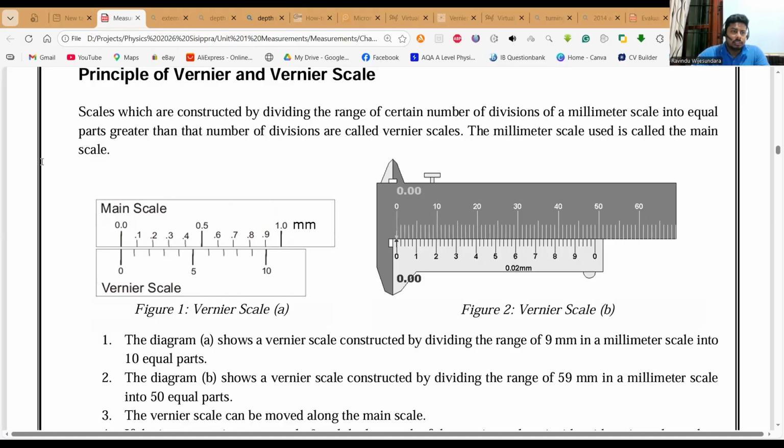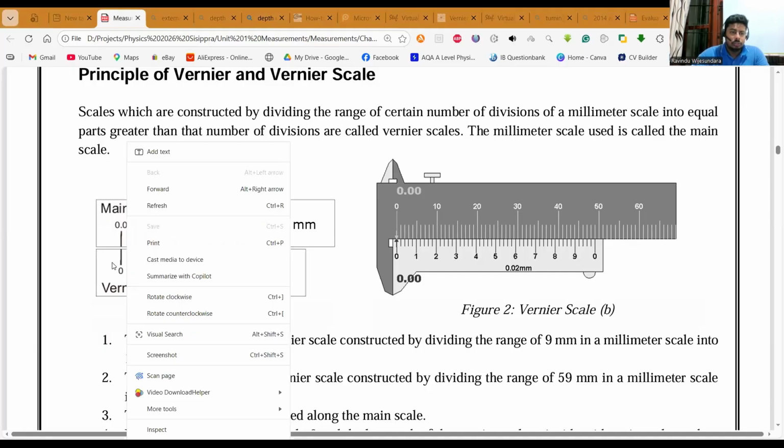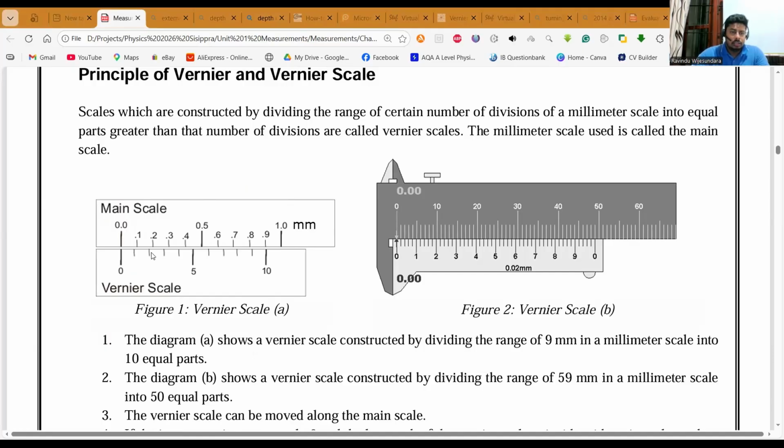Now at the bottom, there's a Vernier scale, and there also we can see 10 divisions, starting from 0. But you can see clearly here, the 10th division is matching with the ninth division of the main scale. That means we have divided 9 millimeters into 10 parts.